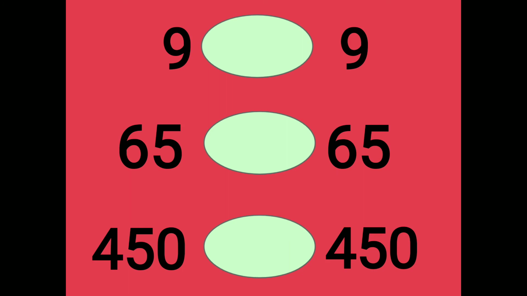Here we can see 9 on the left and 9 on the right. So here we need to put the equal to sign. Again here 65, 65. In both places we have the same numbers. So here again we need to put the equal to sign.